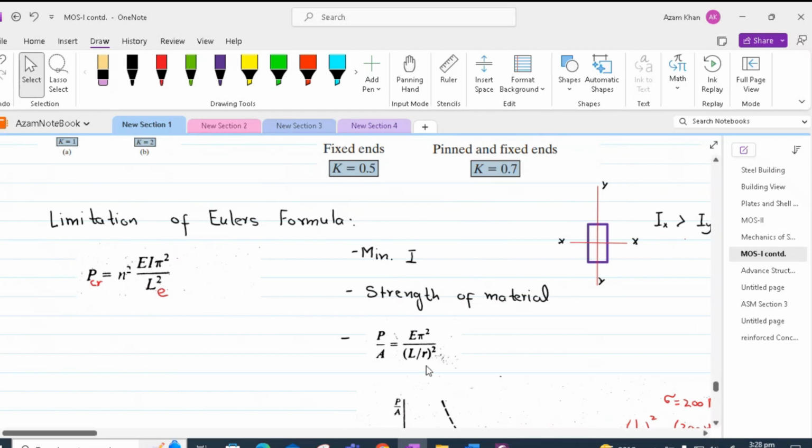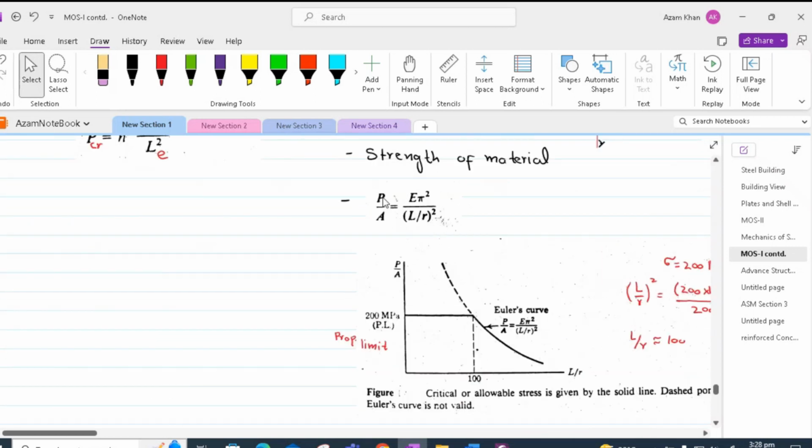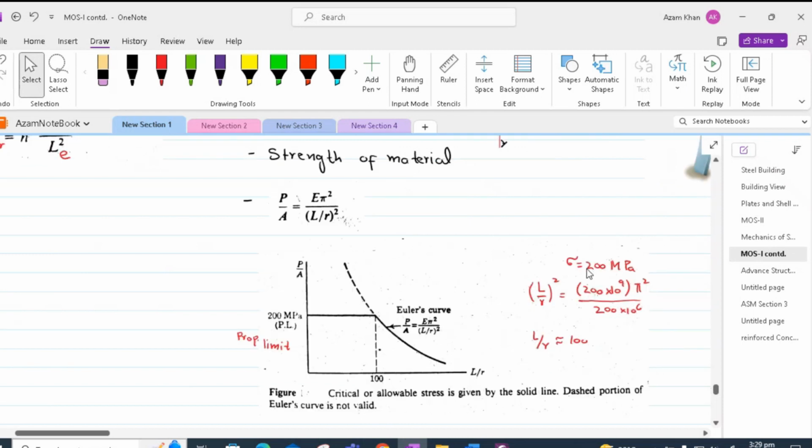If L by R is bigger, then the critical stress will be smaller. So in other words, we will always be interested in the radius of gyration which will minimize our L by R square. As an example, we can draw P by A versus L by R for a steel having a proportional stress equal to 200 megapascal.